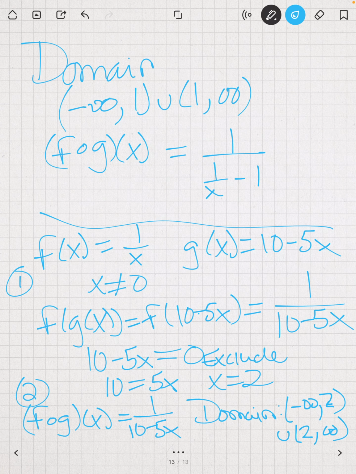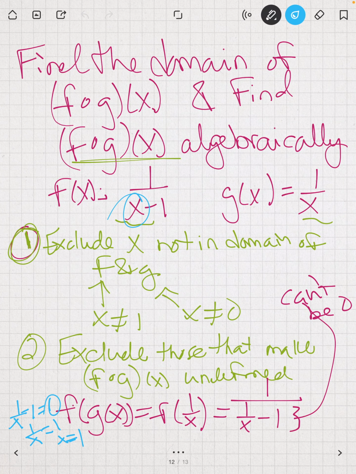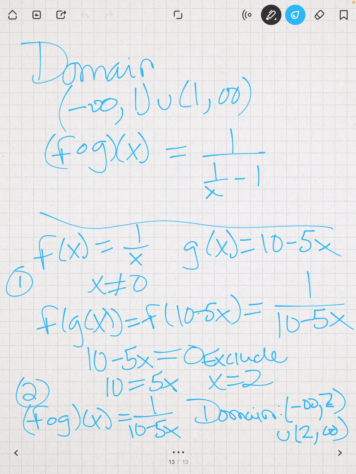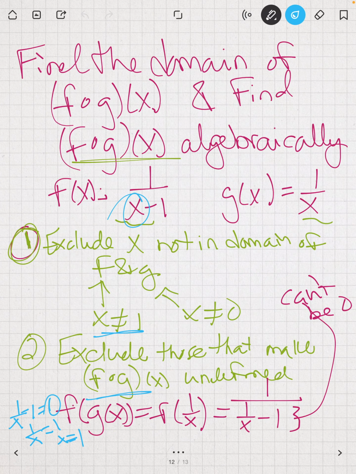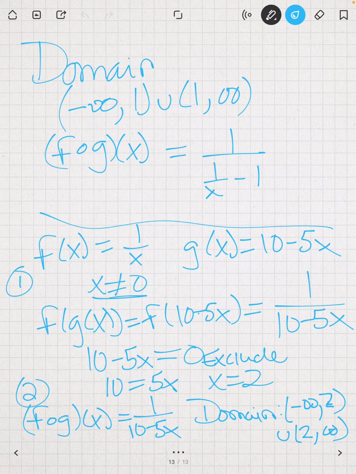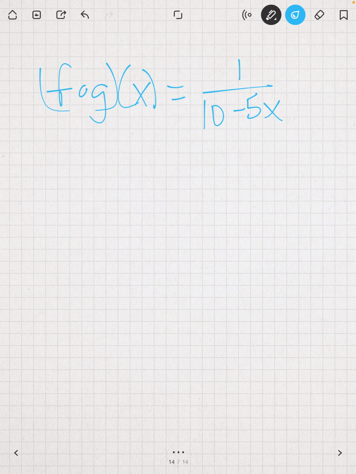What happens if I plug a 2 in, right? So in my previous example, I said we had to exclude the term for the f, and then in both. And then here I said, well, exclude x equals 0, and then I said we have to exclude x equals 2. So we have f compose g of x equals 1 over 10 minus 5x. x can't equal 2.